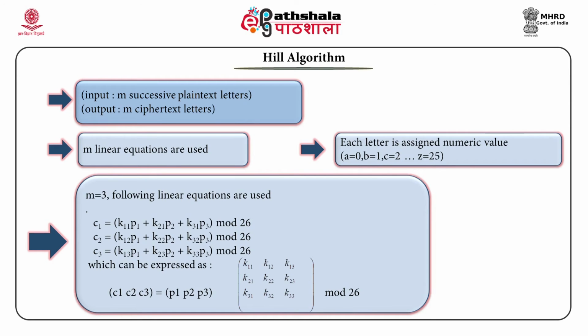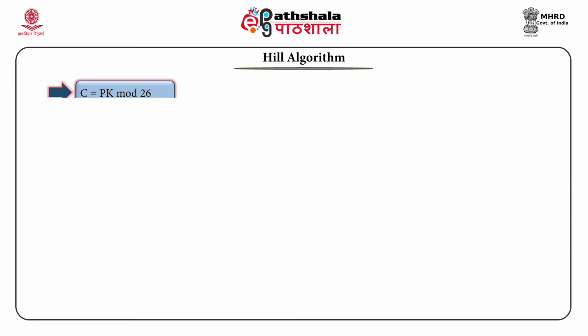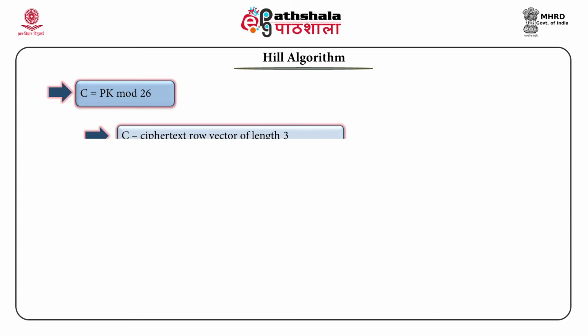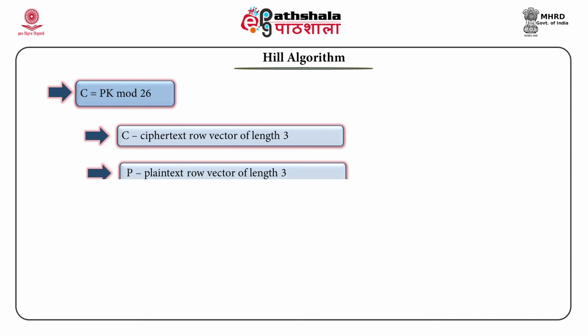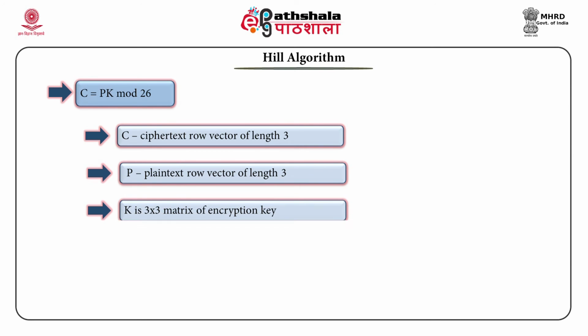So, to compute ciphertext 1, 2 and 3, P1, P2, P3 should be multiplied by key and modulo 26 should be taken. So, Hill algorithm has an equation to compute ciphertext: plain text should be multiplied with key, modulo 26 to be taken.